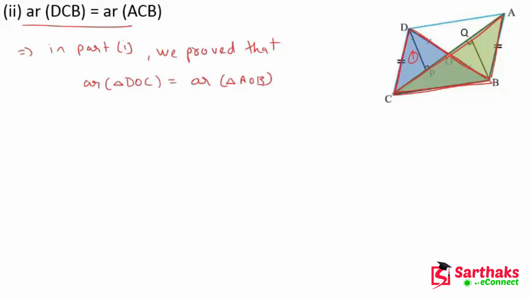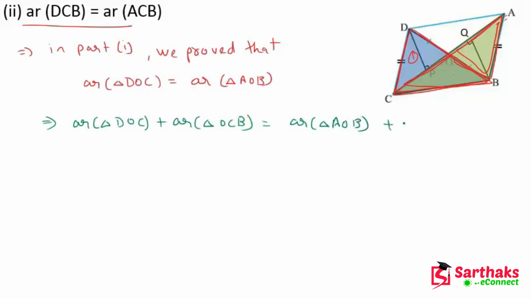And if we add this part to triangle AOB, this will become area of triangle ACB. You just have to understand the concept of this part. So area of triangle DOC plus area of triangle OCB is equal to area of triangle AOB plus area of triangle OCB.